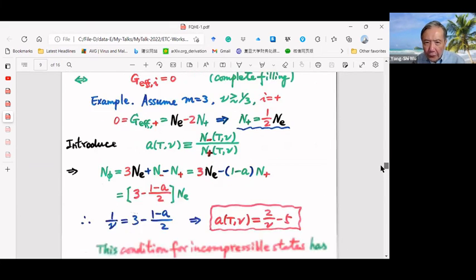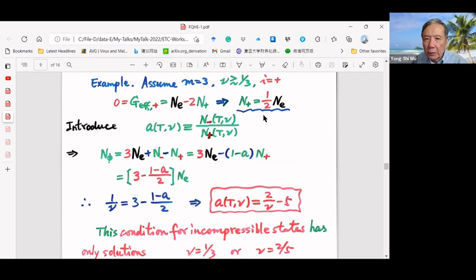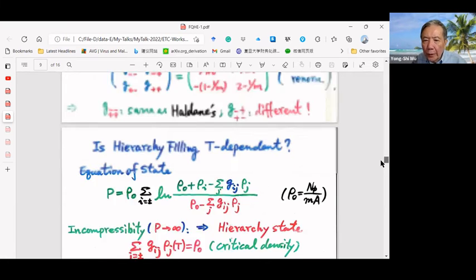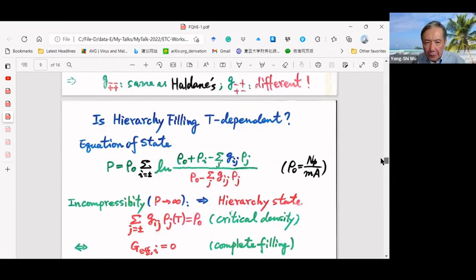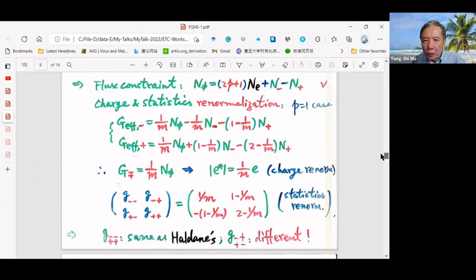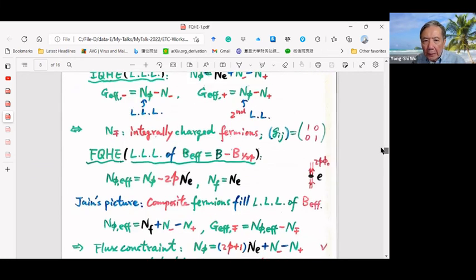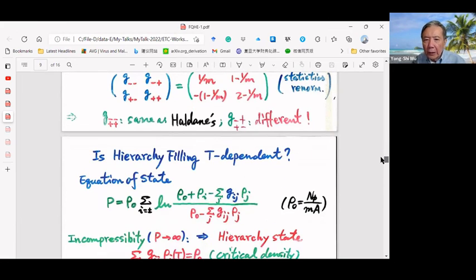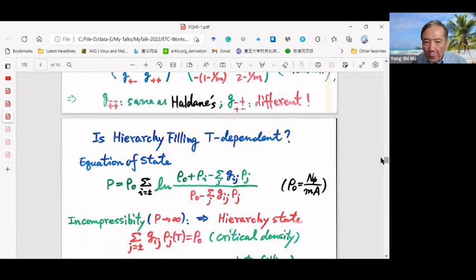We can prove that the above counting number gives us the result about when the hierarchy state or incompressibility or fractional quantum state appears, which agrees with experiments. Especially, we can show that the incompressibility condition leads to the filling factor being independent of temperature.